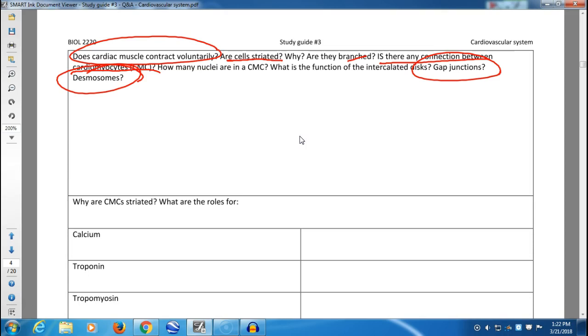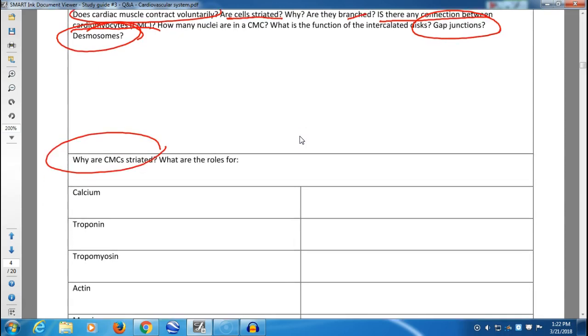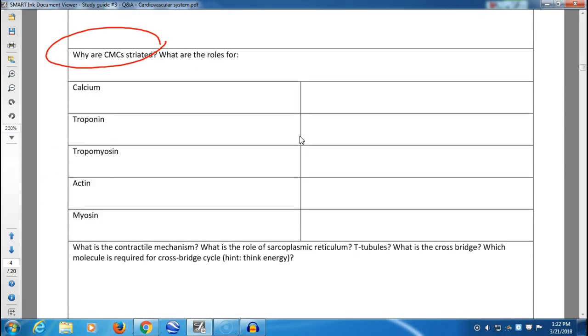Desmosomes hold cells together. Gap junctions are ion channels. So CMC are striated because of the sarcomeres. Calcium, what does it do? It binds to troponin.